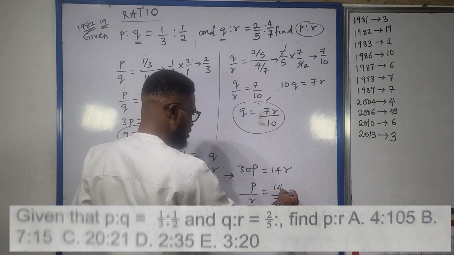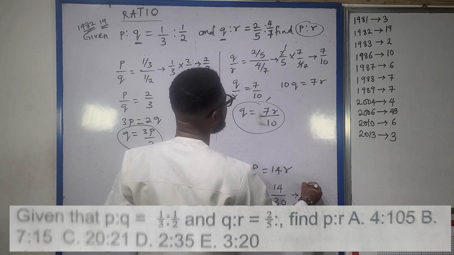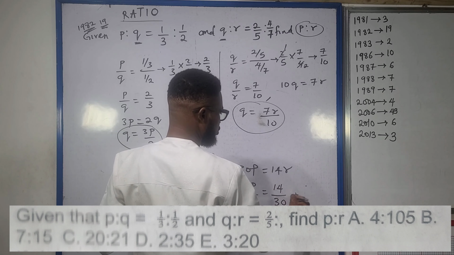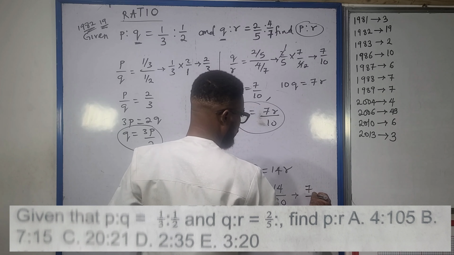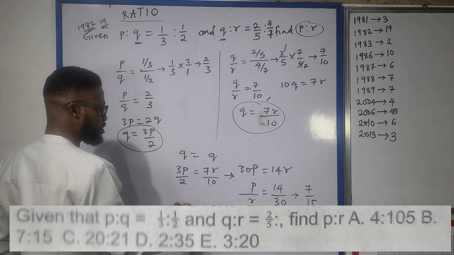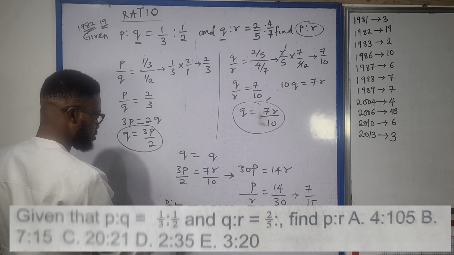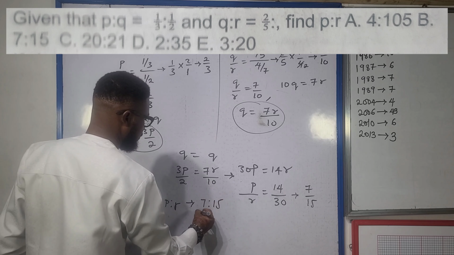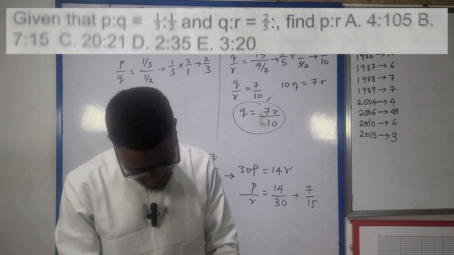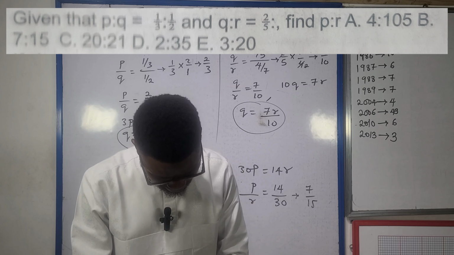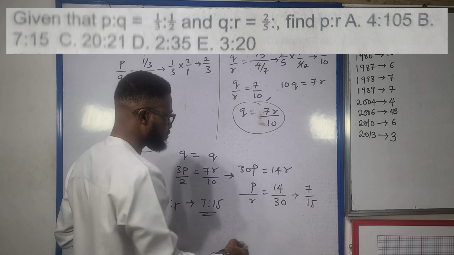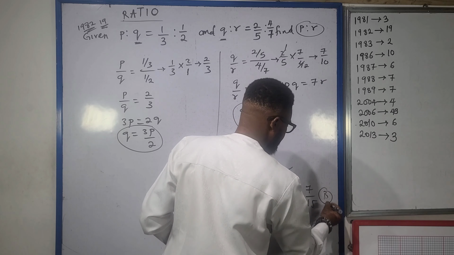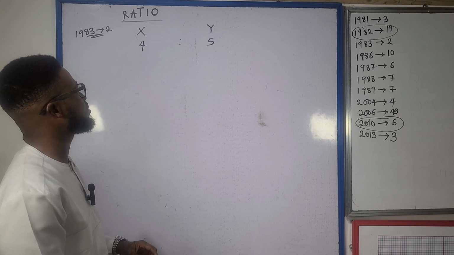So P ratio R looks like 7 over 15, 2 into 14 is 7, 2 into 30 is 15. So P ratio R looks like 7 ratio 15. Now looking at the options you have right in front of you, that is option B, 7 ratio 15. The next question is 1983 question 2.